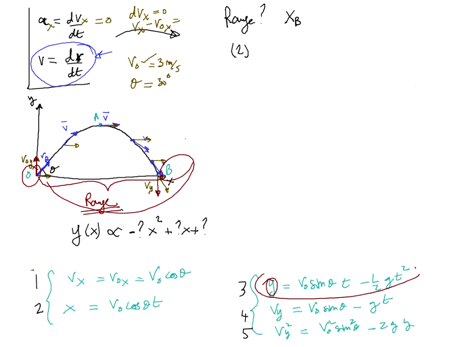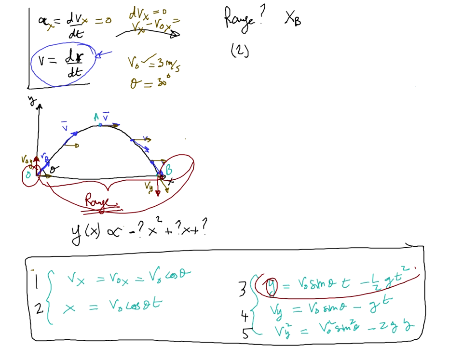Do we have any of such equation here? Do we have an equation that relates y and x exclusively, without any time? No, we don't. However, in 2D, that equation may be very, very useful quite often.